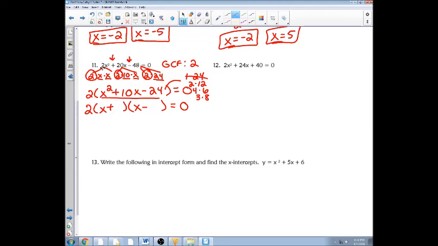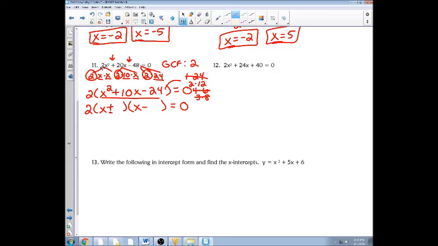Will 3 and 8 ever add to 10? That's not possible, right? So I can get rid of that one right away as well. 4 and 6 get me to 10, but both of them would have to be positive, right? So that would be gone because I know that one of my numbers has to be positive and one of them has to be negative, correct?